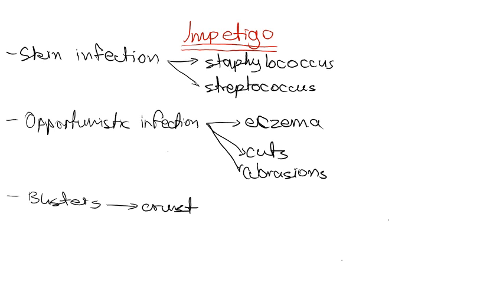And crusting of these blisters is actually a positive sign that we see with impetigo, because that means that the blisters have moved from being highly associated with the presence of bacteria to having closed over, such that the disease can essentially not be passed on to other people. So the crust acts as a protective barrier from the skin to the external environment.